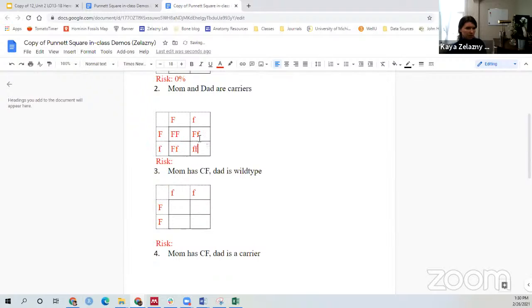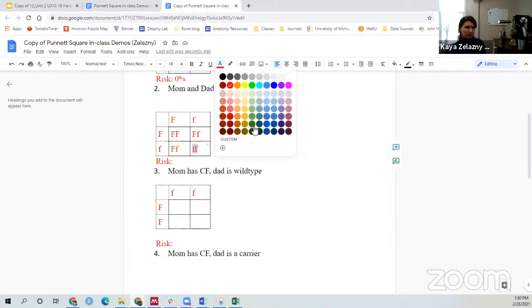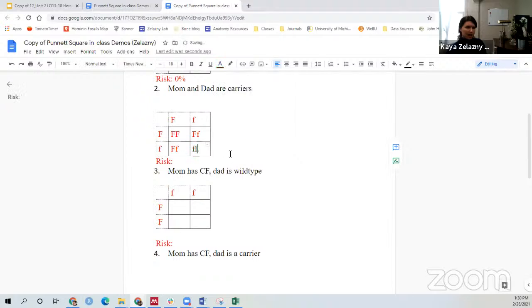We're just distributing rows and columns. All right, so we see this 1 to 2 to 1 ratio for genotypes. And we can see that one of them here has cystic fibrosis, has this dual copy of the recessive gene. So our risk here for cystic fibrosis is 1 out of 4, which is 25%.